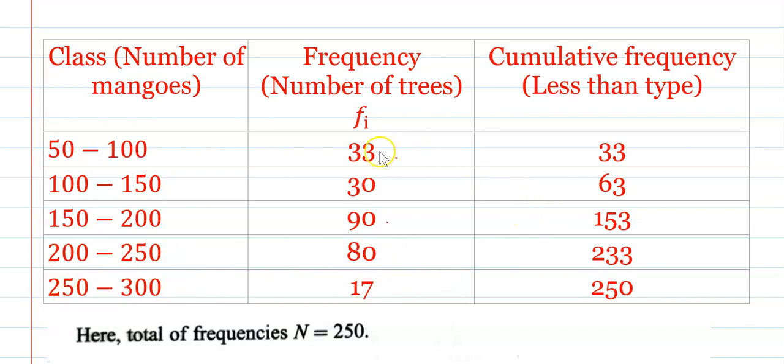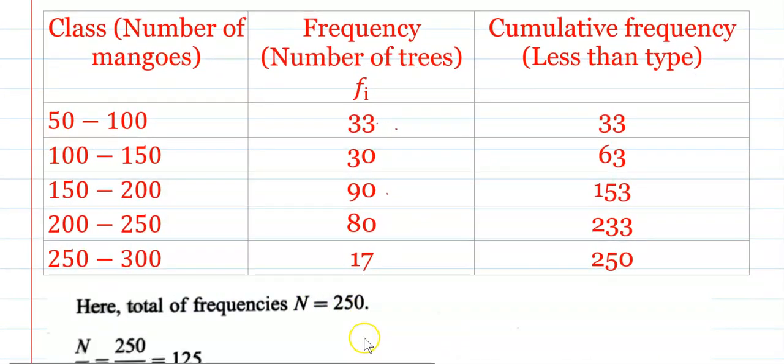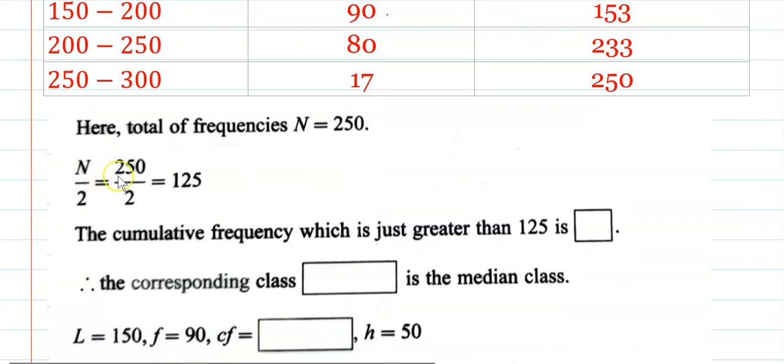And the cumulative frequency. First 33 as it is. 33 plus 30 is 63. 63 plus 90 is 153. And in this way the cumulative frequency is given. Here the total frequency is n is equal to 250. N by 2 is 250 upon 2, you will get 125.